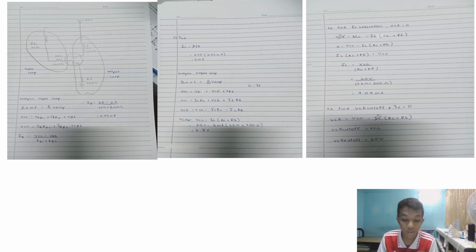So VCE is equal to VCC minus IC in bracket RC plus RE. So 20 volt minus 6 milliampere in bracket 2k ohm plus 200 ohm. So we get VCEQ is 6.8 volt.